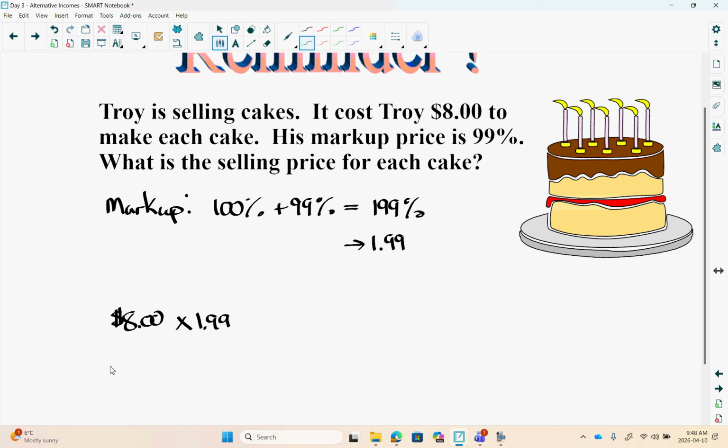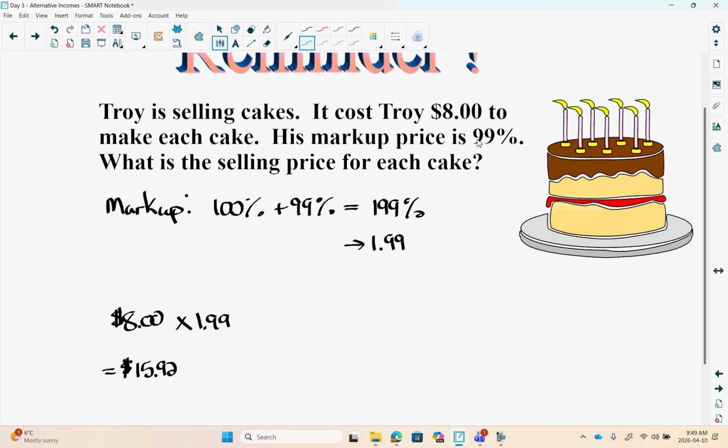And 8 times 1.99 is awfully close to 16. $15.92. He's going to sell each cake for $15.92. And that's great. Troy's making cakes for $8 and selling them for $15.92, so he's going to make $7.92 off of each cake.